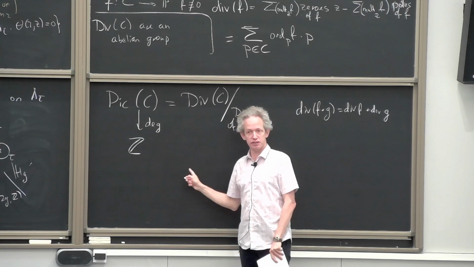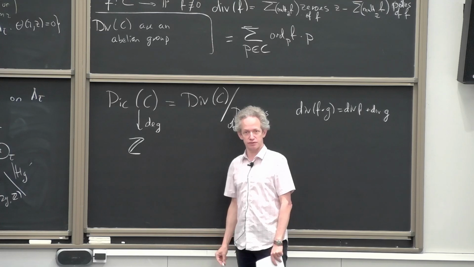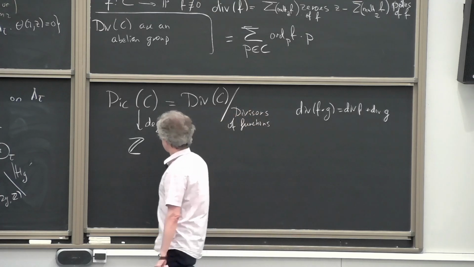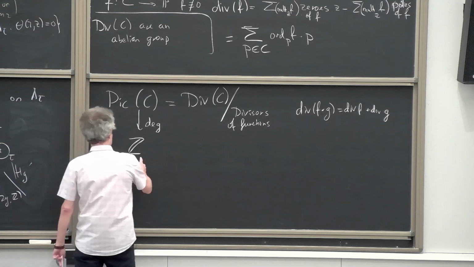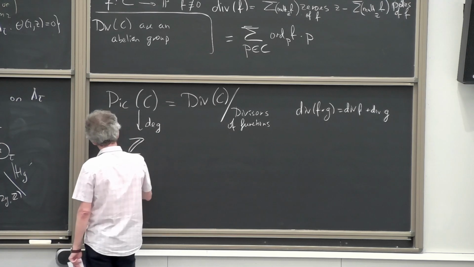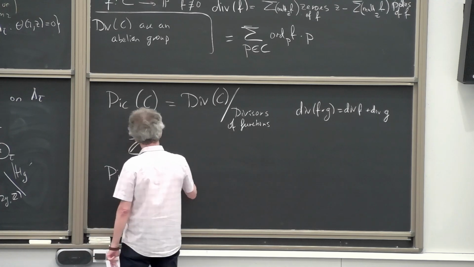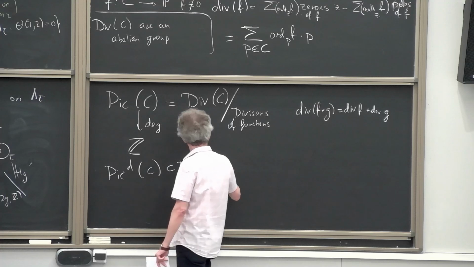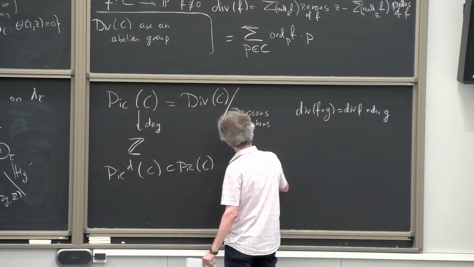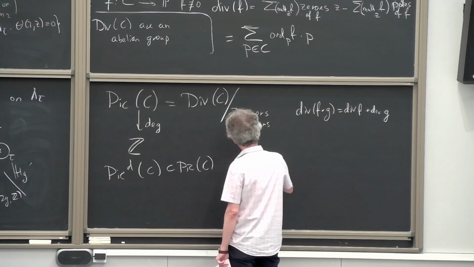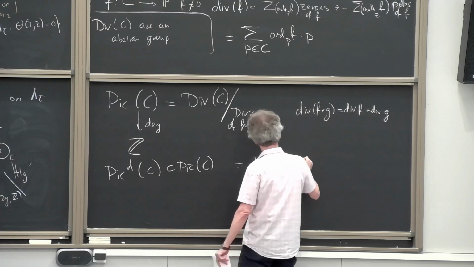How many of you have seen the definition of the divisor group and the Picard group? Okay, good. So you can define Pic^d inside Pic. These are the degree d divisors.